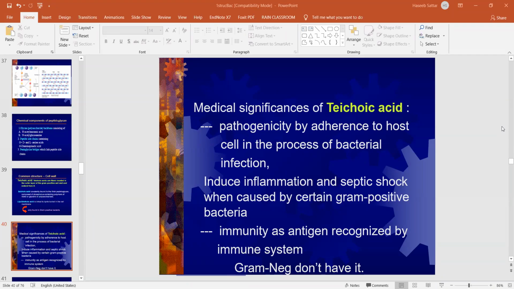So teichoic acid is a pathogenic or virulent factor. What is a virulent factor? It produces virulence. Virulence means disease. So teichoic acid is just like the endotoxin of a gram-negative bacteria.